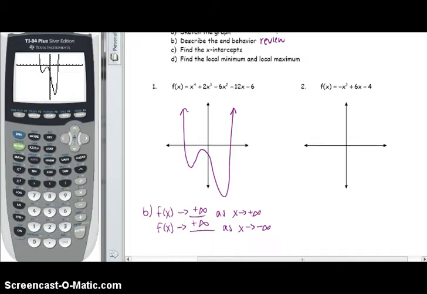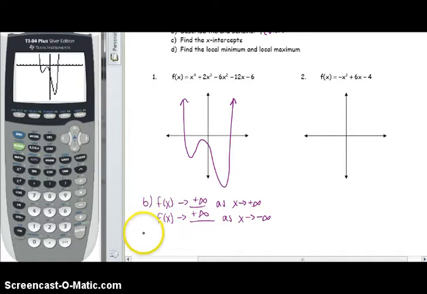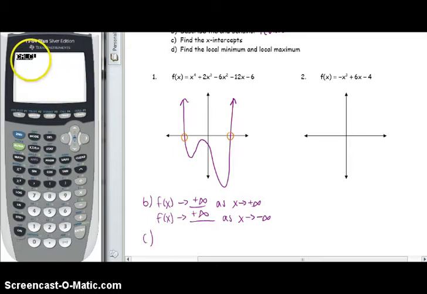To find c, that's our x-intercepts. So in the same way as we did in our last graph, we want to find these points here. So to do that, again, we go to second, trace, and we're going to use our zero function, so that's our second option here. And I'm going to find the zero that's more to the left first.